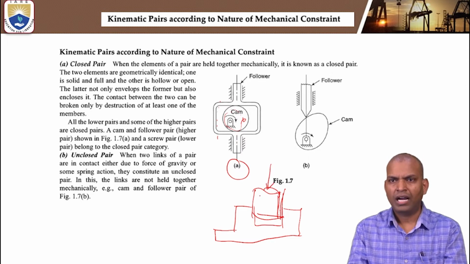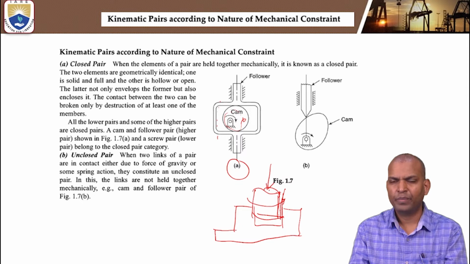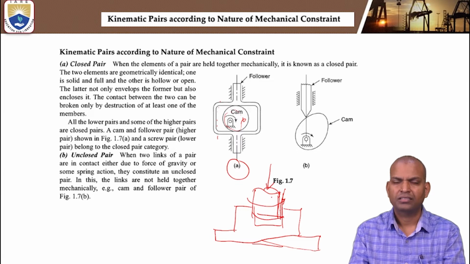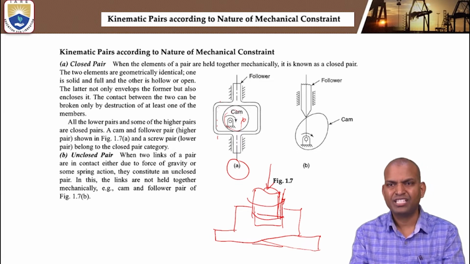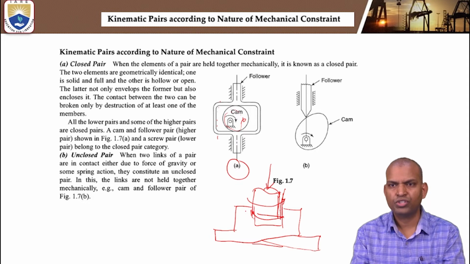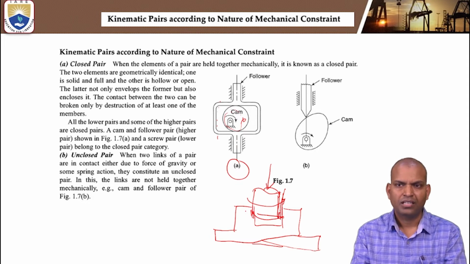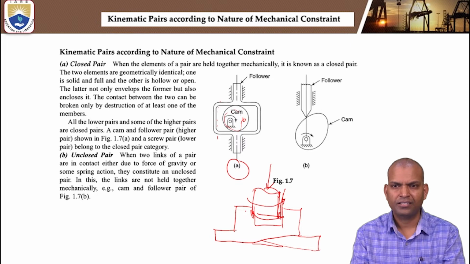Otherwise, without applied force, the shaft can come out because of the force acting on it. By applying an external load, this shaft can be completely constrained. Otherwise, it is in incomplete constrained motion. But the contact between the two is line contact. That's why it is a higher pair contact here.